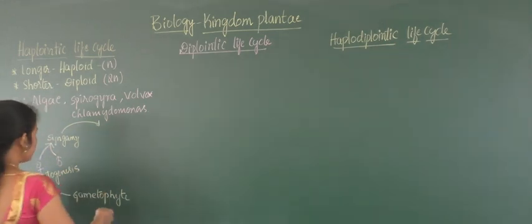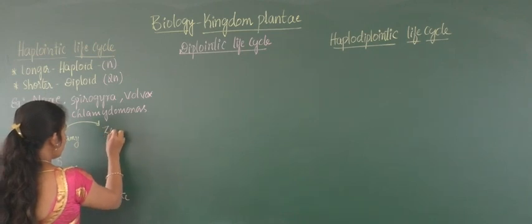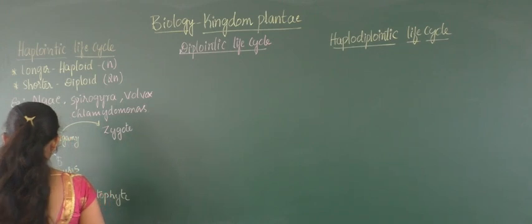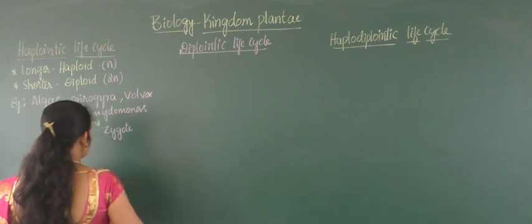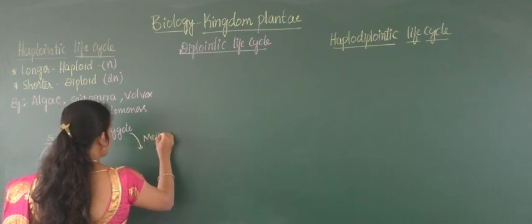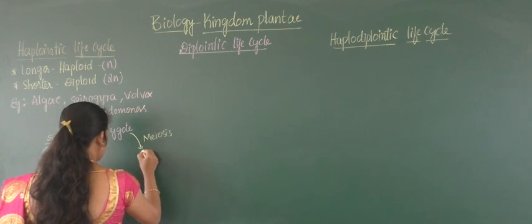We know that fusion of male and female gametes results in the formation of a zygote, and later the zygote undergoes a reductional division called meiosis, and it forms spores.